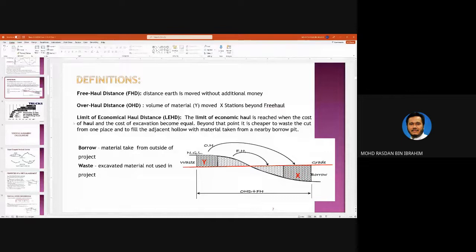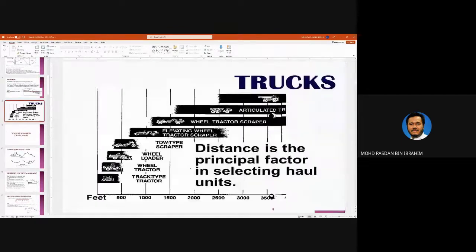Okay, the factors that determine the limit of economic haul, the distance, are mainly determined by the machineries that you use. For a shorter distance we normally will move it with tractors. Okay, so it is about 500 feet. If you need to move it longer, you need to have different machineries, and for the longest hauling distance it is the trucks.